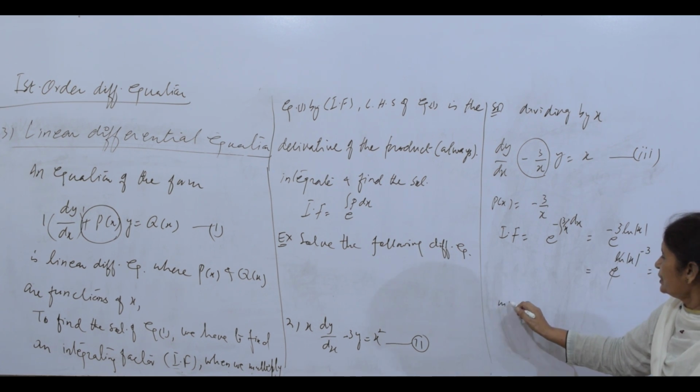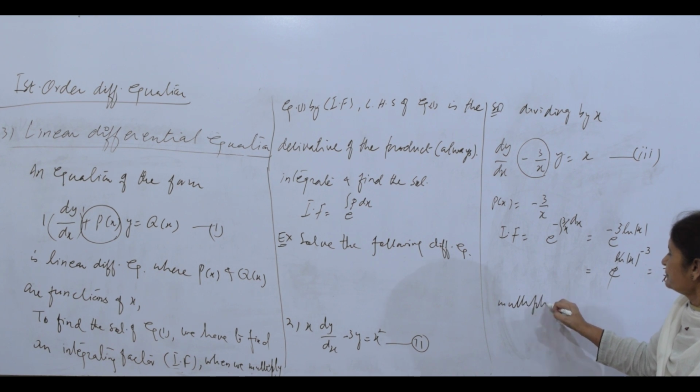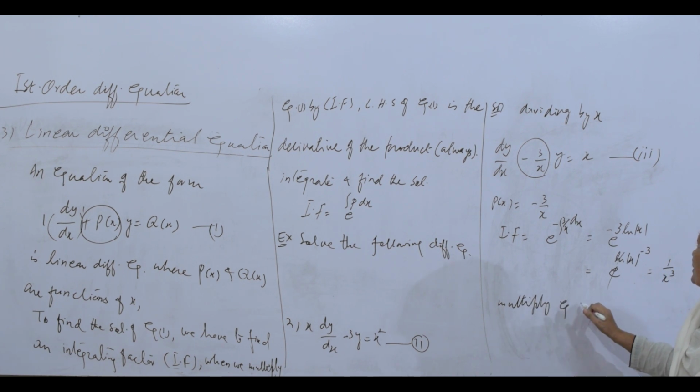So multiply equation 3 by 1 over x cubed.